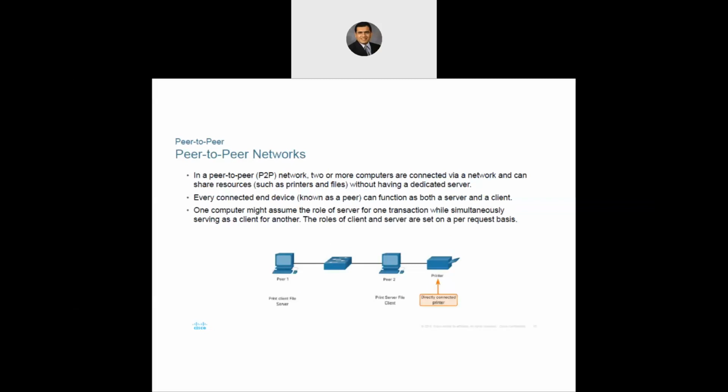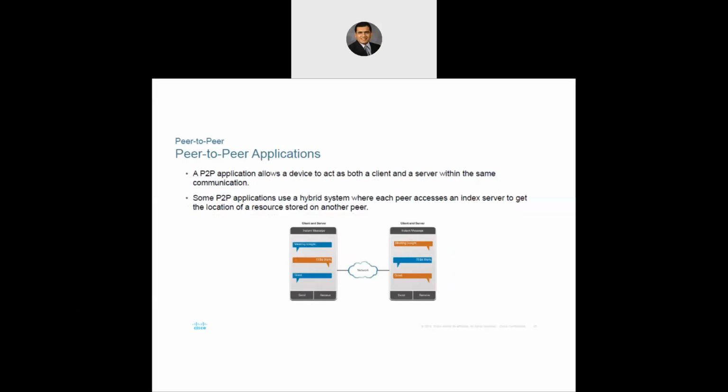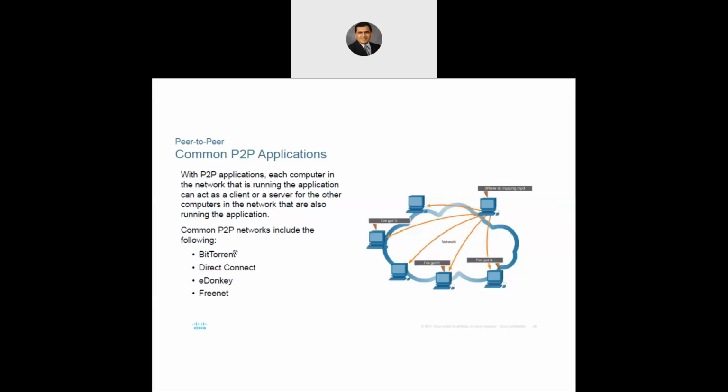There are many applications that use peer-to-peer, such as chat systems and BitTorrent. Streaming is a big thing these days, so people download less. But if you download stuff from the internet, legally or illegally, you are most probably using a peer-to-peer application.